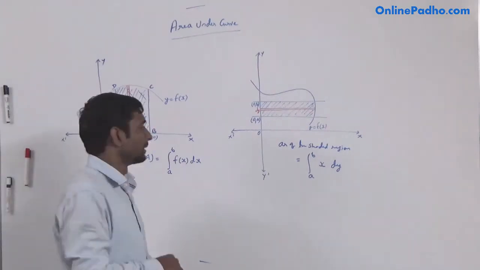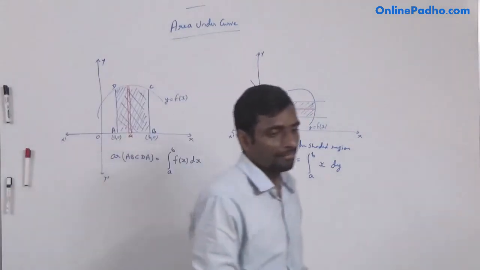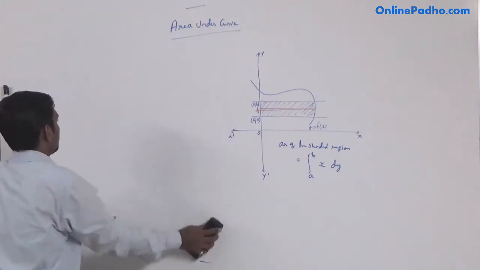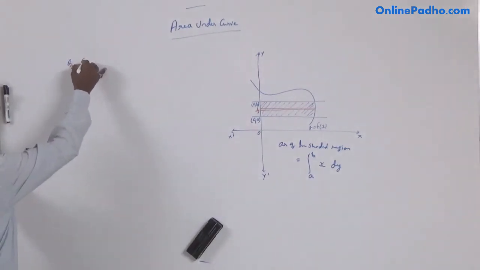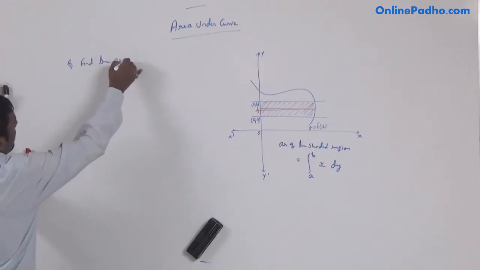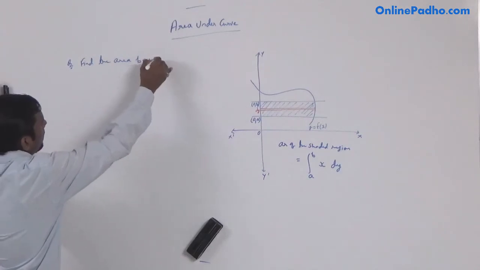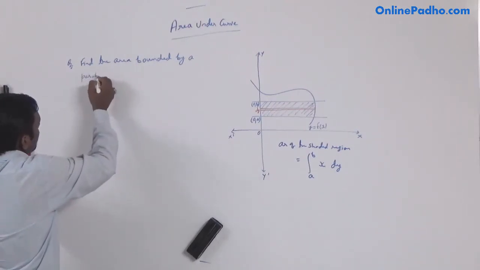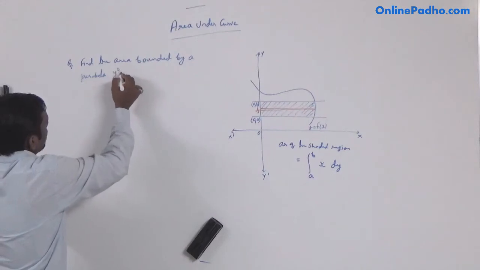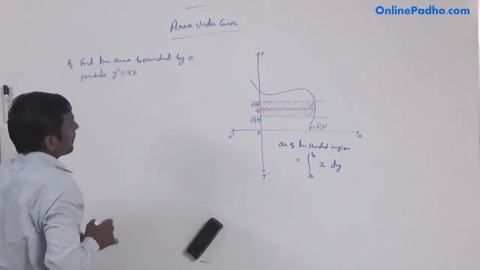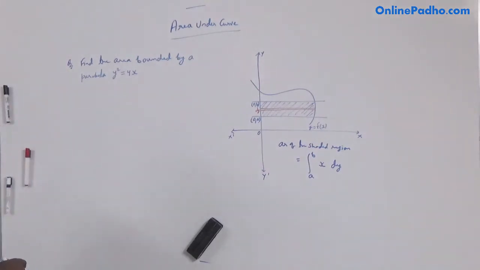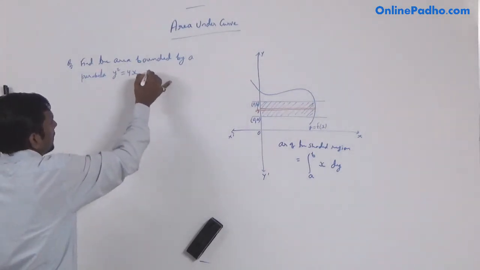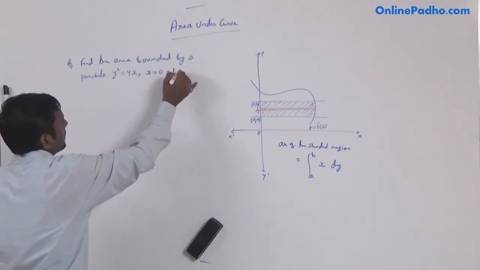Let us see one example for this. If we have a question, find the area bounded by a parabola y square equal to 4ax, x is equal to 0 and x is equal to 2.